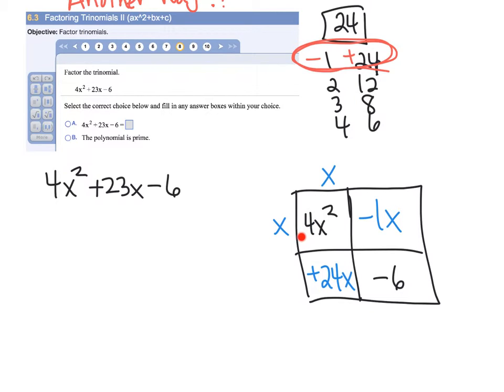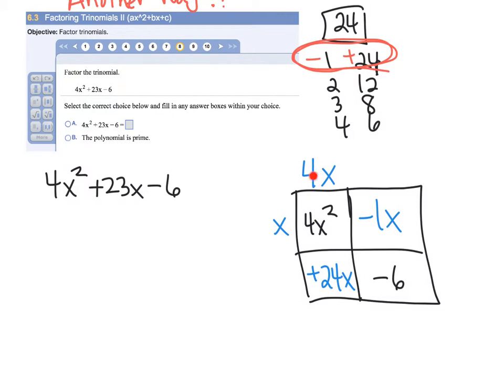Well, the only thing these two guys have in common is an x, so I'm going to factor out the x. But if I go up and down, what do they have in common? Well, they each have an x, so I factor out an x. But going up and down, they also have a 4 in common. That means this guy has to be a 4. So we have 4x times x gives us 4x squared.